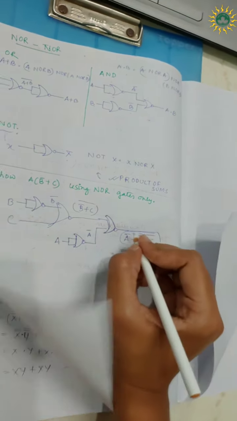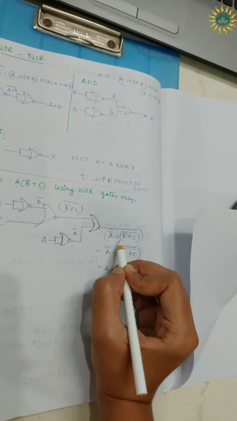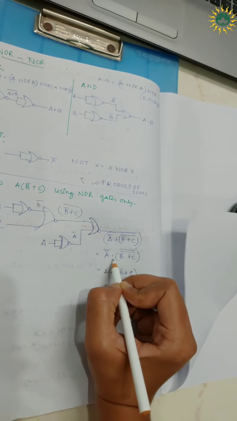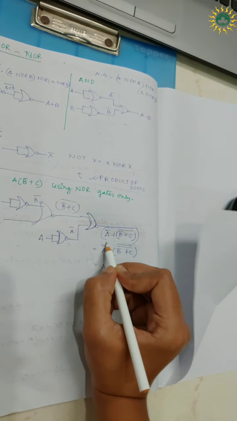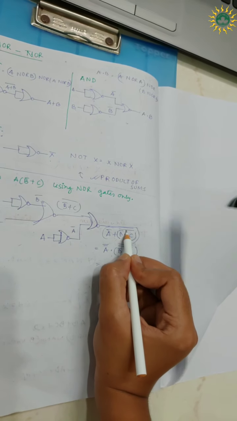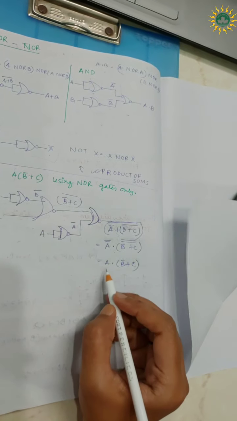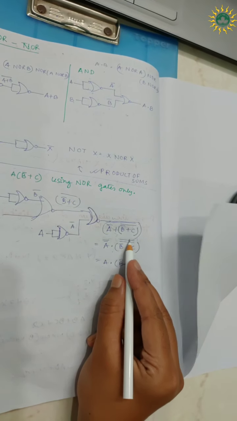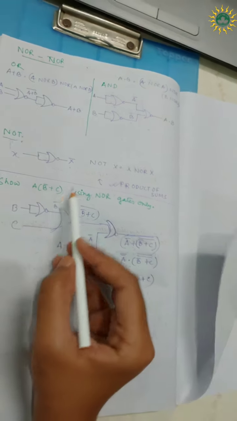Because this is one whole thing, this OR breaks into AND. This is A bar bar and this is B bar plus C double bar. One bar because of this and one bar because this broke, right? Now A double bar is equal to A, the double bar goes off, it stays B bar plus C, and that's what you asked for.